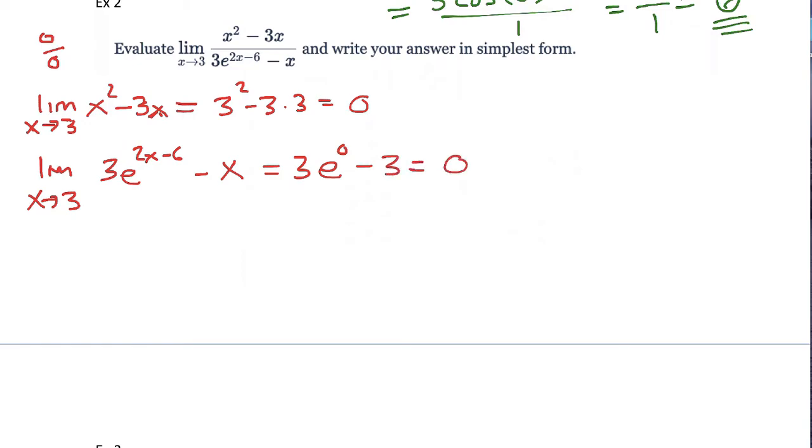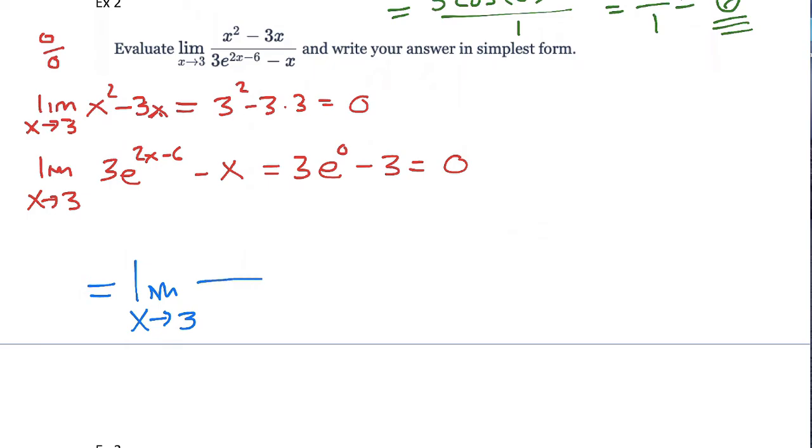So we established that we can use L'Hopital's rule because we do get 0 over 0. So then what we can say is the limit that we have is equal to the limit as x goes towards 3.